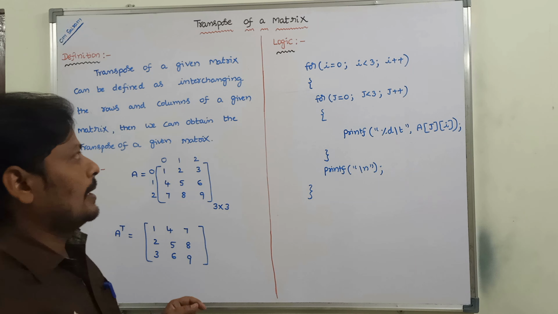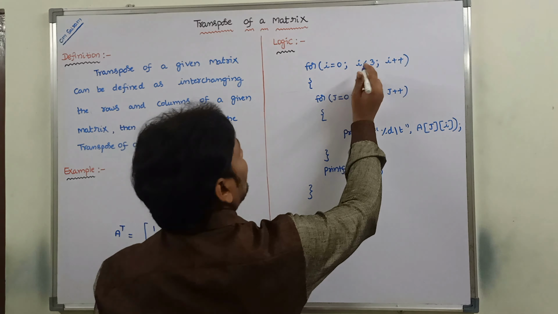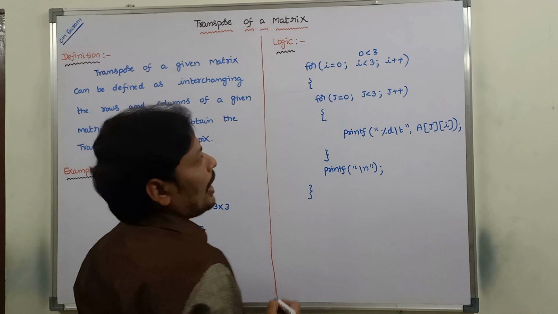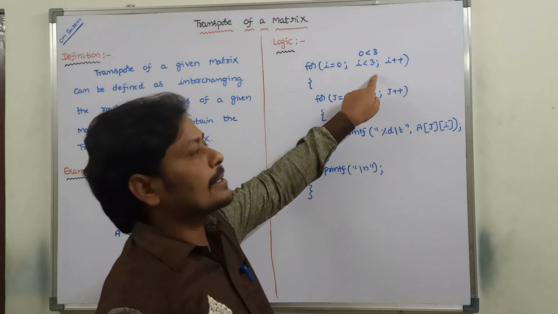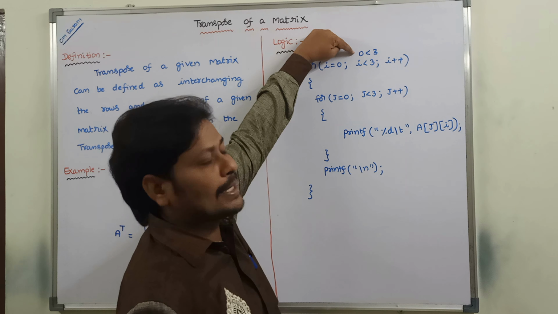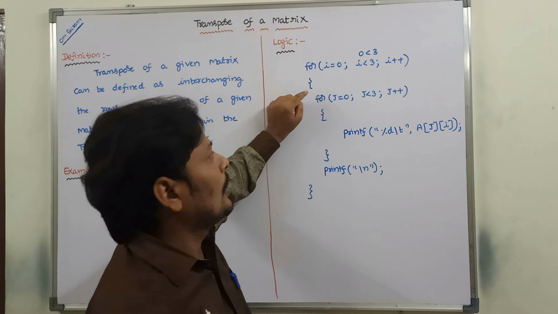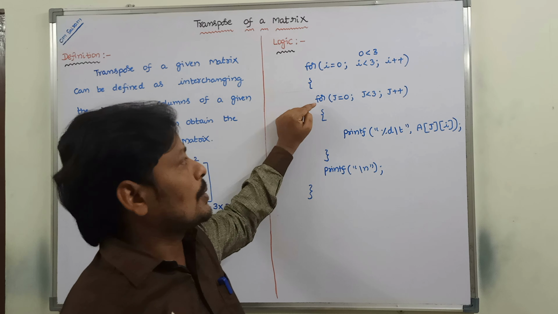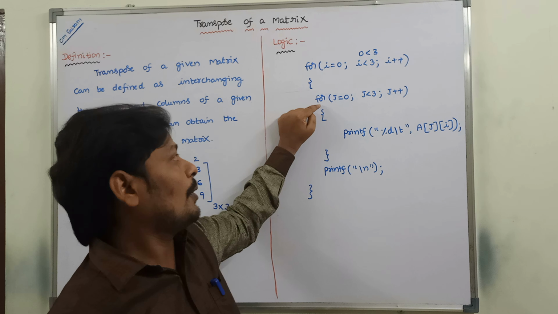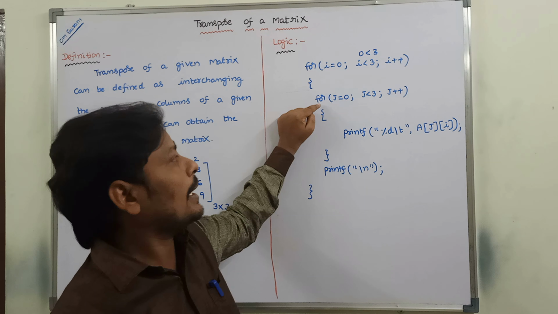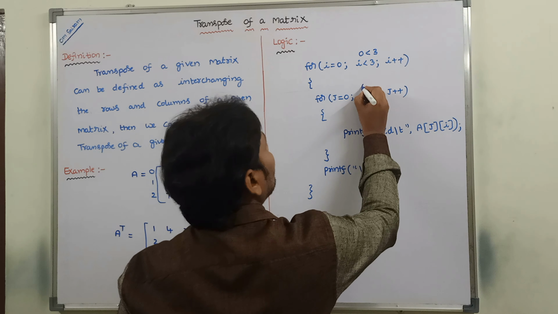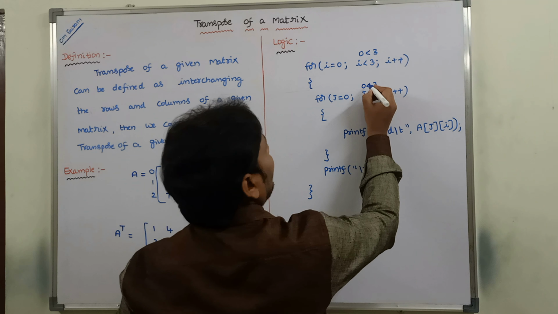First i is equal to 0, 0 less than 3. Condition true. The control goes to the body of the outer for loop. In the outer for loop, again one inner for loop is there. For j equal to 0, j less than 3 means 0 less than 3.